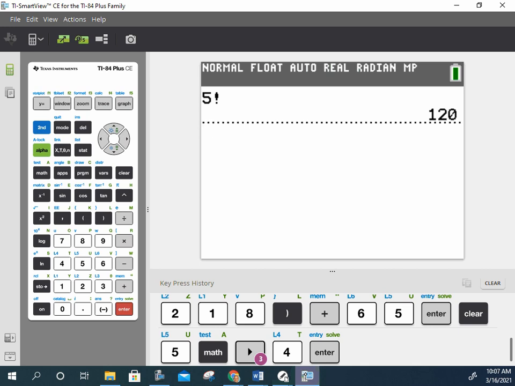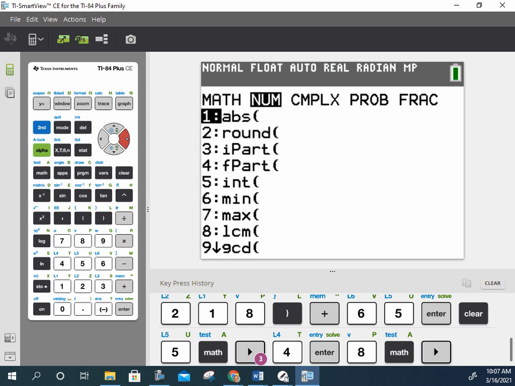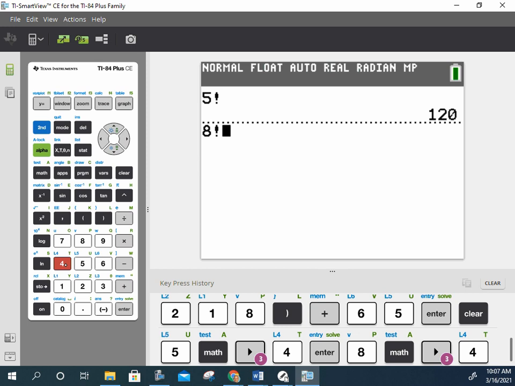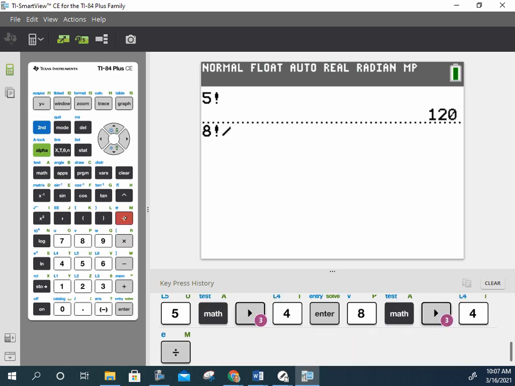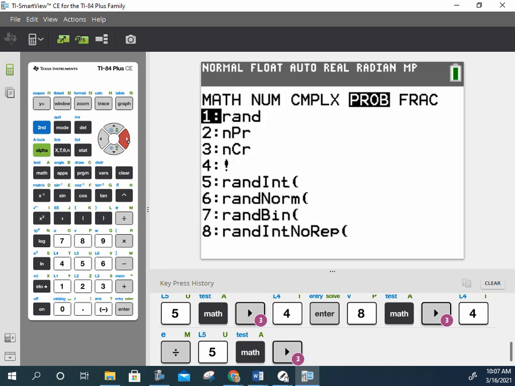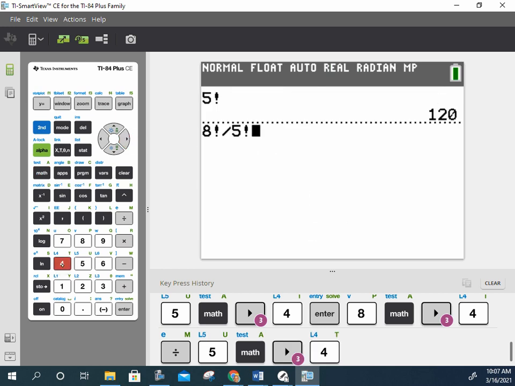Of course, some of yours will be different because your buttons are a little bit different. Okay, 8, math, go to probability, factorial, divided by 5, math, factorial. Same answer.